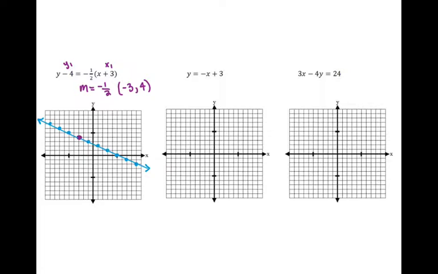Okay. Next one is in slope-intercept form. If there is no number in front of your x, it's like having a 1 there. So m is -1 and b is 3, which means my y-intercept is 3. I'm going to begin at my b, and my slope is -1, so what that means is I'm going down 1 over 1. Ooh, these are going to be tight points, so close together.